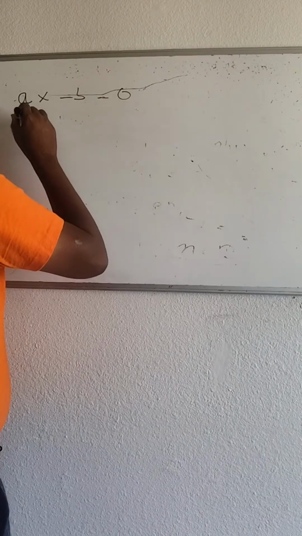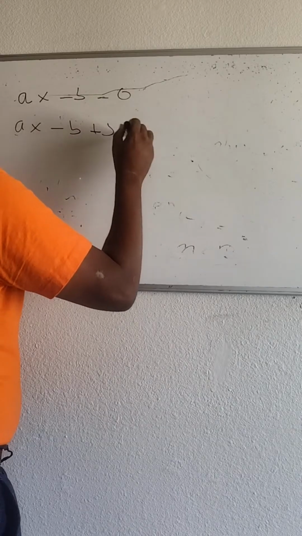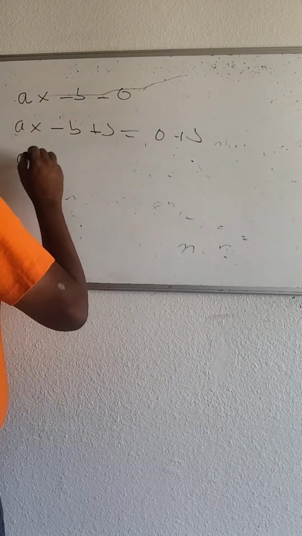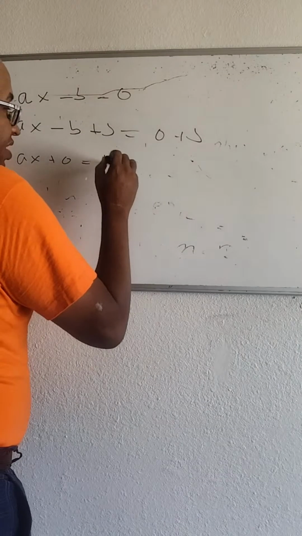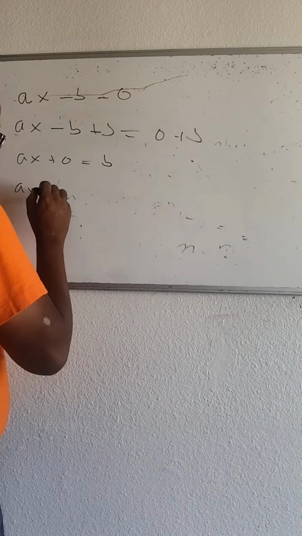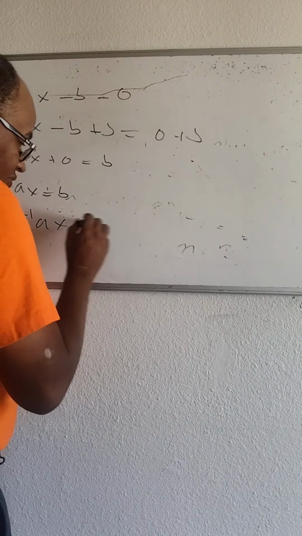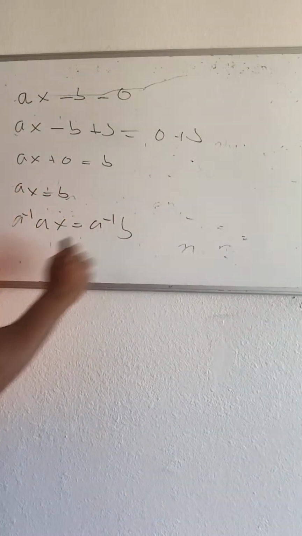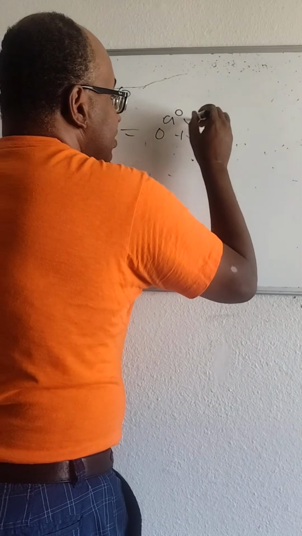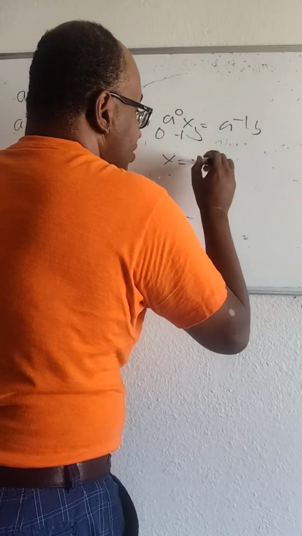So this would be ax minus b plus b equals 0 plus b. ax plus 0 equals b. And now we undo each operation. ax equals b. And we're going to multiply by the inverse of a, a to the negative 1, times ax equals a to the negative 1 times b. We get 1x, and therefore x equals a to the negative 1 b.